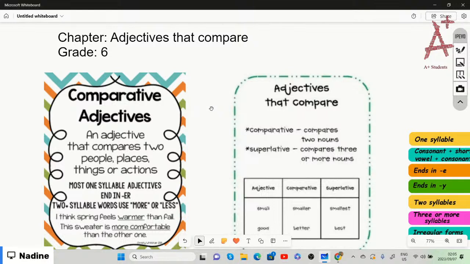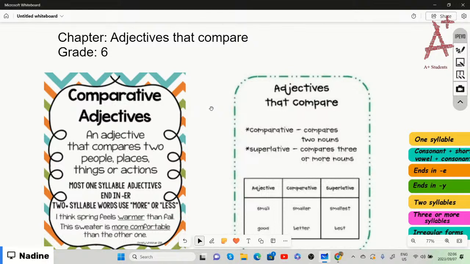So basically, a comparative adjective is an adjective that compares two people, places, things, or actions. And if we have an adjective with one syllable, then our word ends in er. But if we have a longer adjective, then we use words like more or less in front of it.